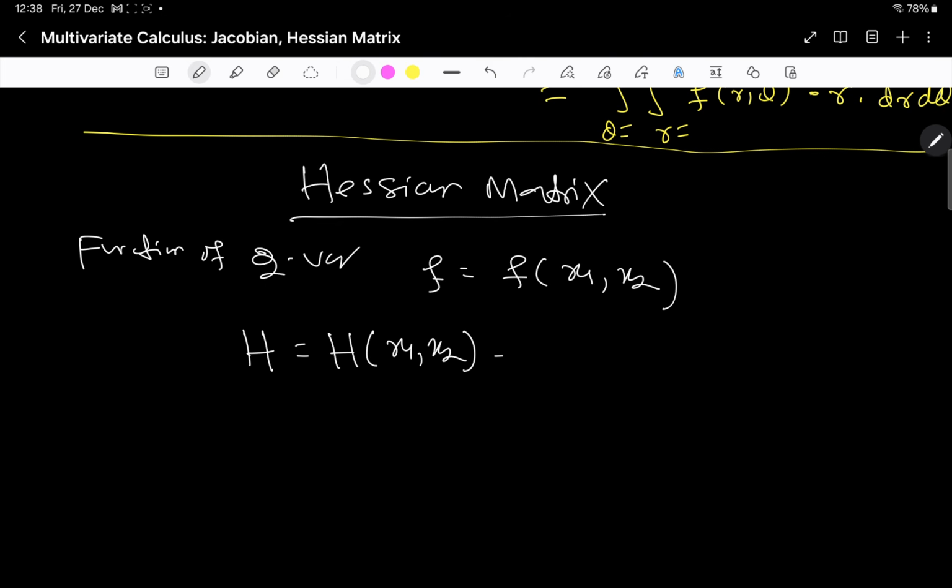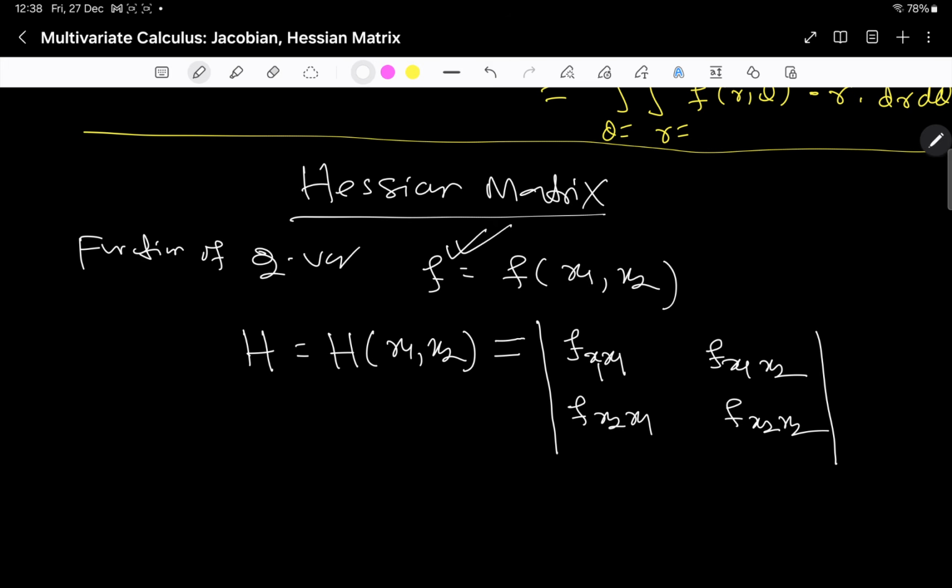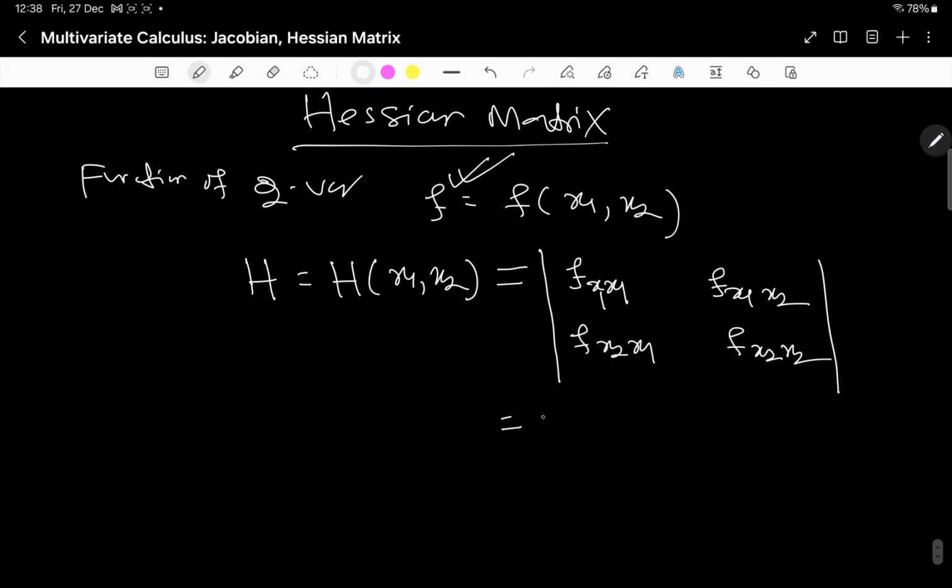I take the derivative of f with respect to x1 twice partially, then x1 x2, then x2 x1, then x2 x2, right? This determinant. In short, I can write it as f11, f12, f21, f22.